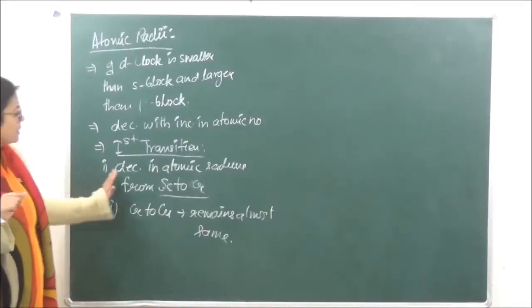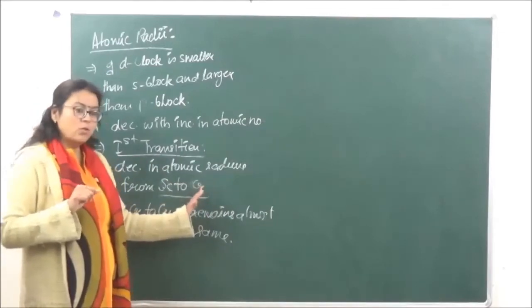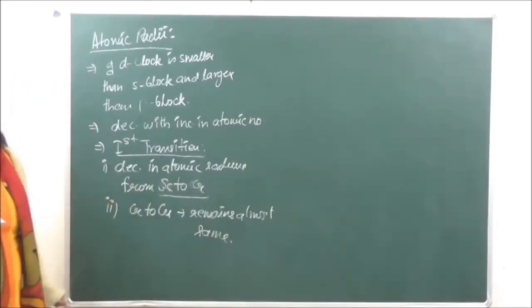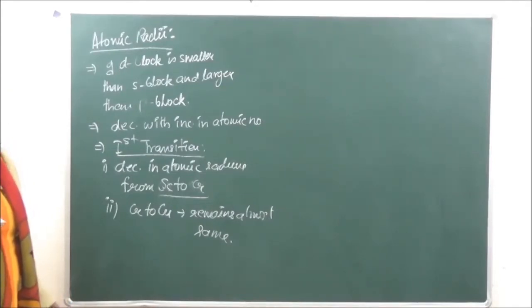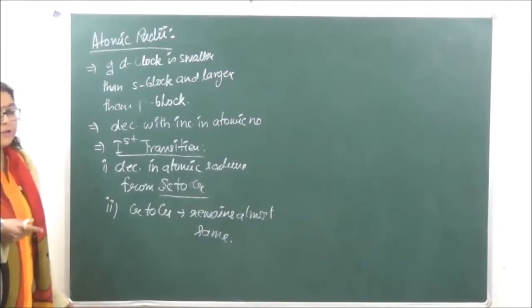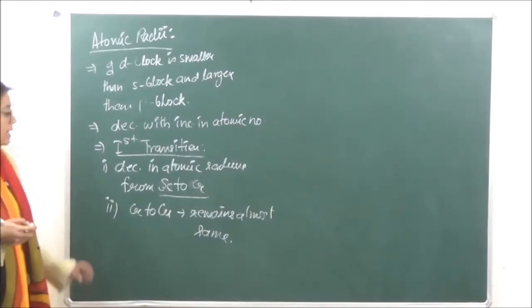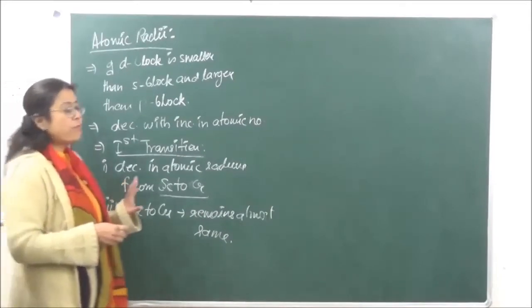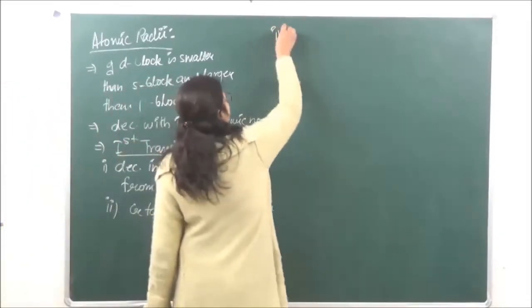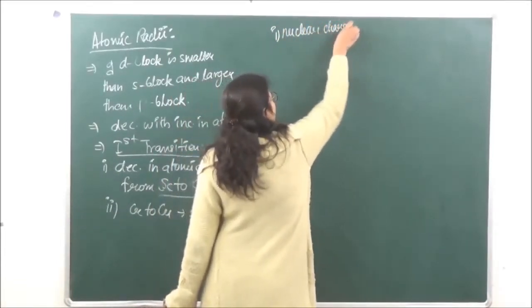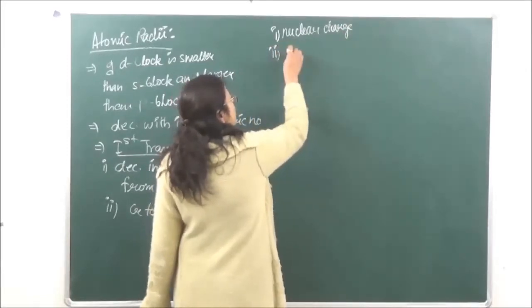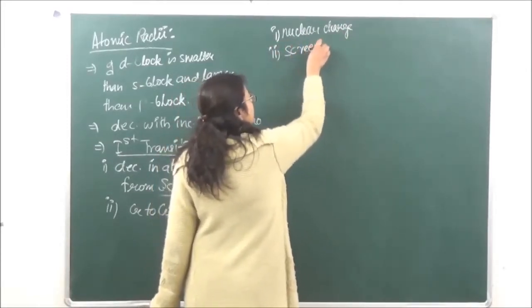Now the decrease in atomic radii, as I told you, that is due to increase in nuclear charge. फिर जब हम लोग क्रोमियम से कॉपर जाते हैं तो in that case the same size from chromium to copper, that is due to as we keep on introducing another electron in the same shell, we are going to have two types of effects over here. The first effect, which is known as the nuclear charge, and the second effect over here, that is known as the screening effect.